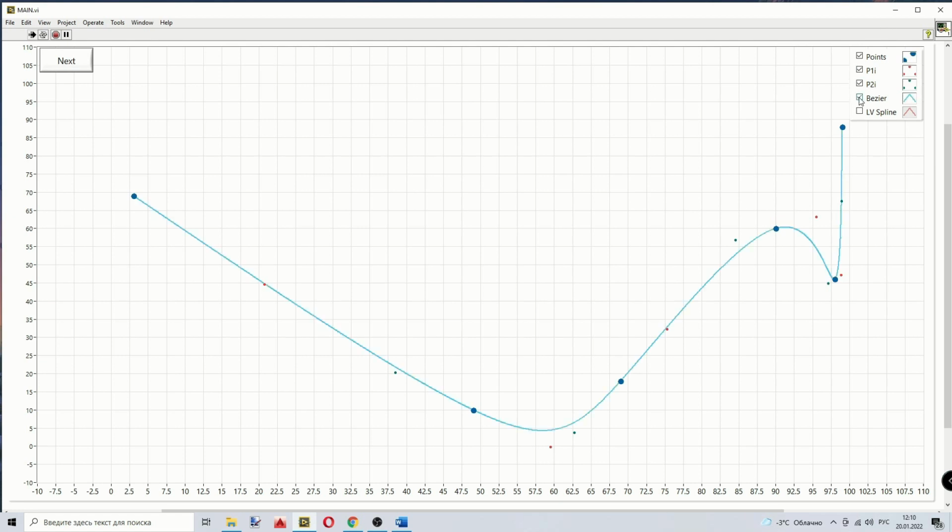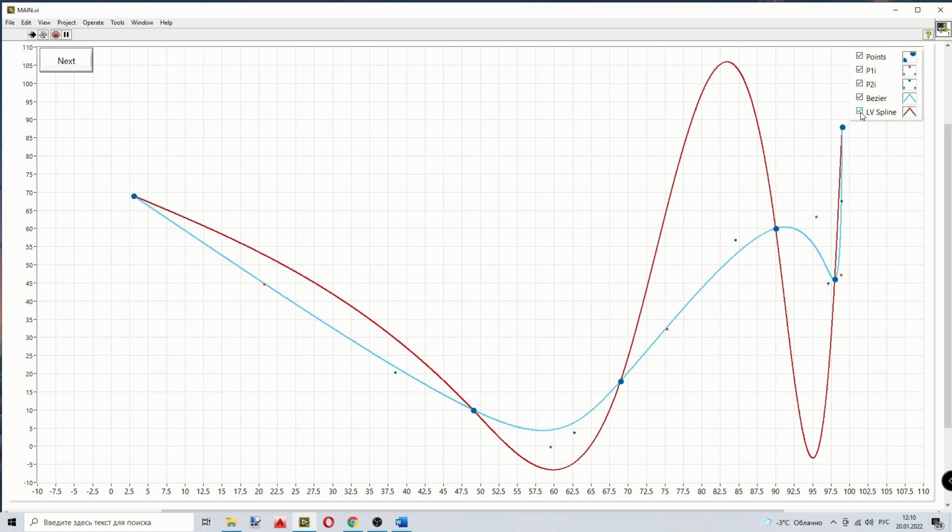The blue curve is the Bezier interpolation, and the red curve is the interpolation with the usual cubic spline, which is in the LabVIEW palette.